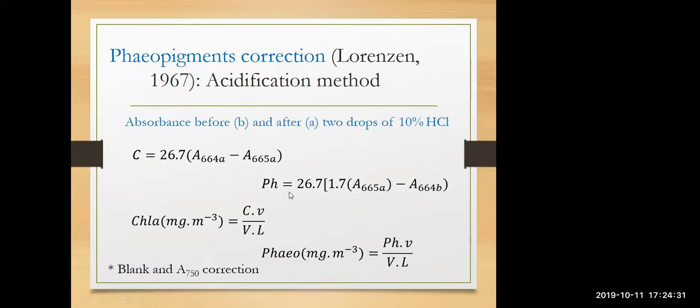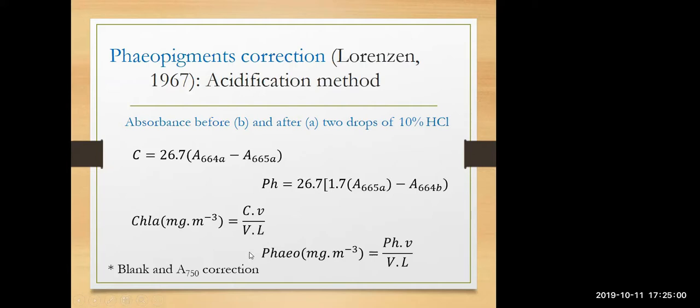We will apply 2 equations: the first one using values after acidification, and the other considering values after and before acidification. At the end, we will have the chlorophyll-a concentration, considering also the same points mentioned before: the volume of acetone, the volume of the sample, and the length of the cuvette.